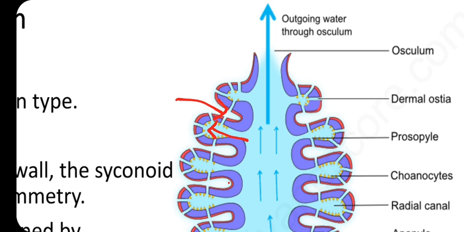Now the water enters the incurrent canal through dermal ostia, and from there it goes to the radial canal through these prosopyles. Now here you can see the prosopyles. I think I can just use another picture.